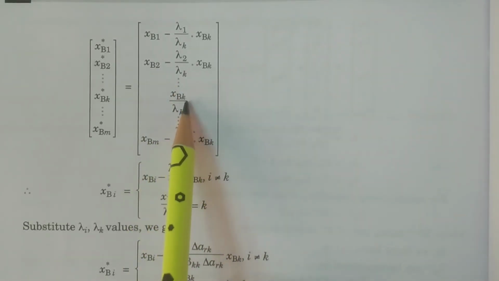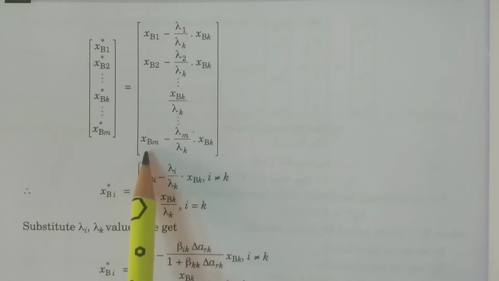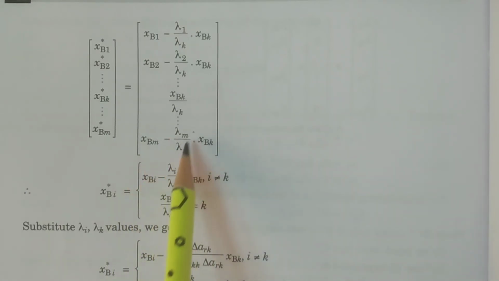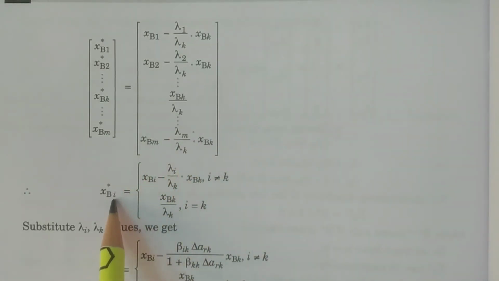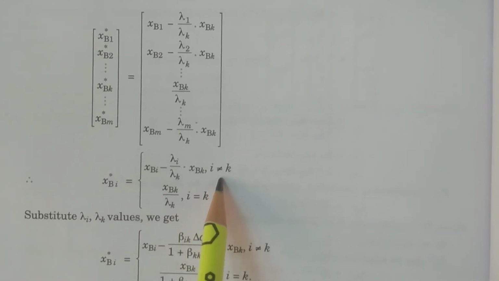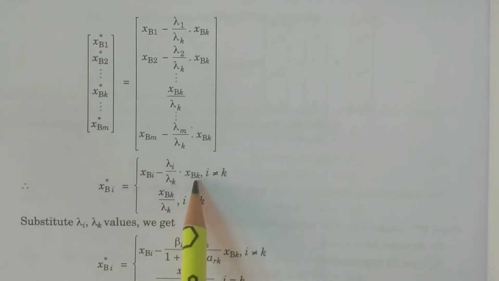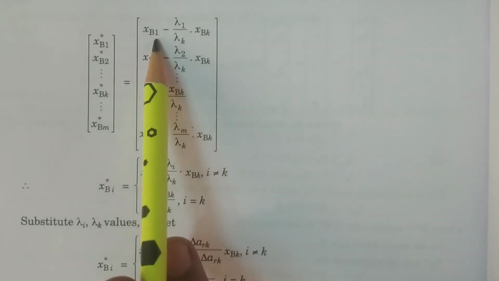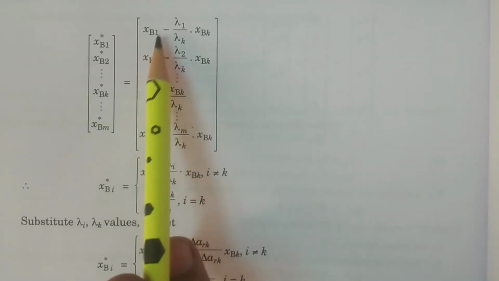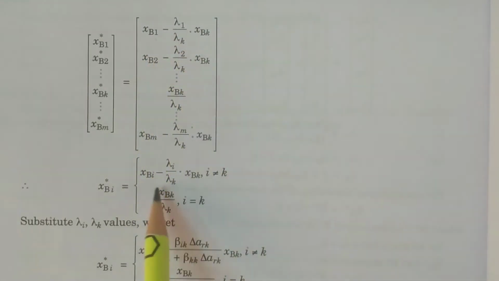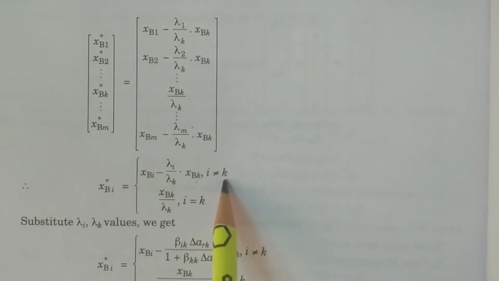And so on, xbm minus lambda m by lambda k xbk. If you write it for i not equal to k, xbi star is equal to xbi minus lambda i by lambda k into xbk. For example, for i equal to 1, it is xb1 minus lambda 1 by lambda k xbk. So xbi star is xbi minus lambda i by lambda k into xbk for i not equal to k.